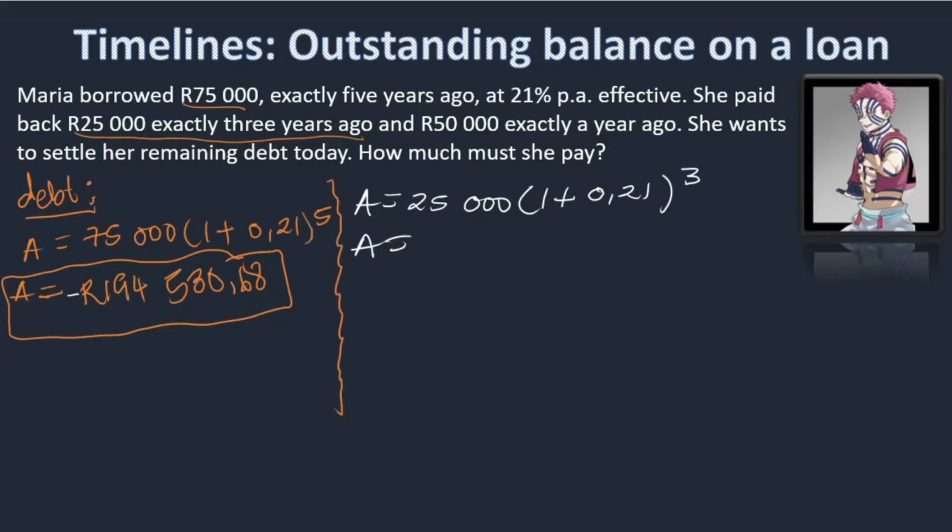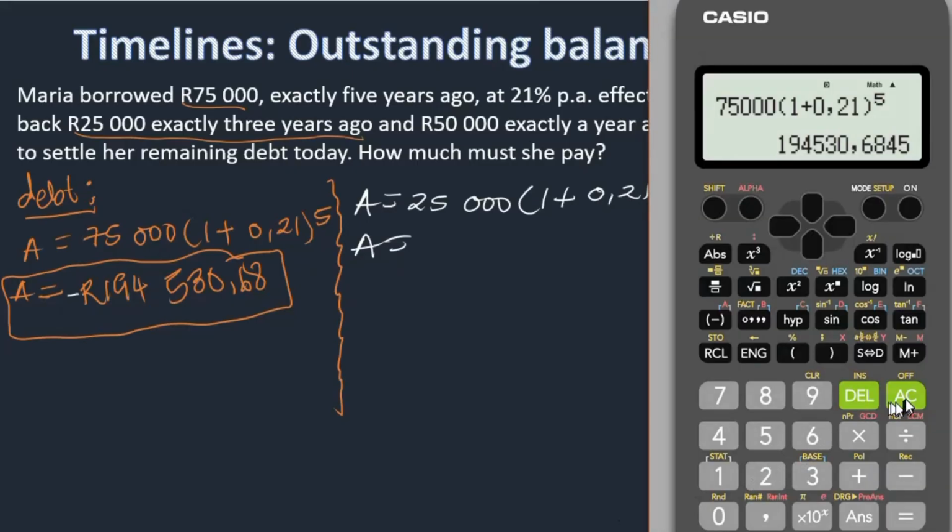Let me take out a calculator. 25,000, open bracket. I have 1 plus 0.21. Wait, what did I do? To erase this.